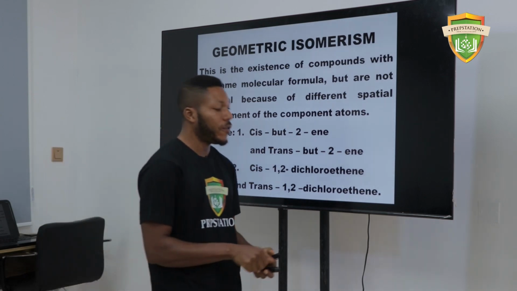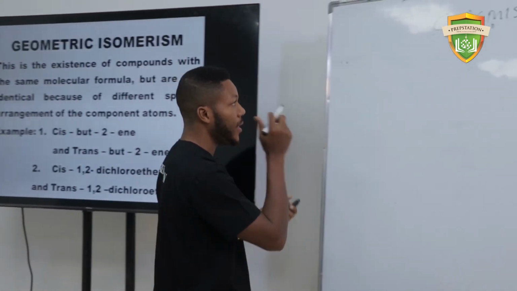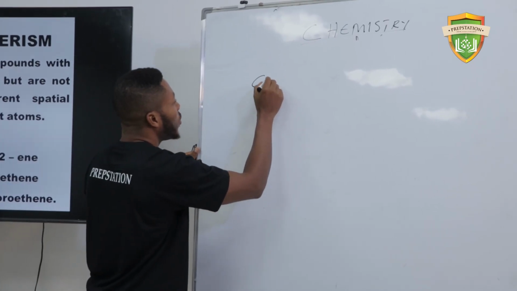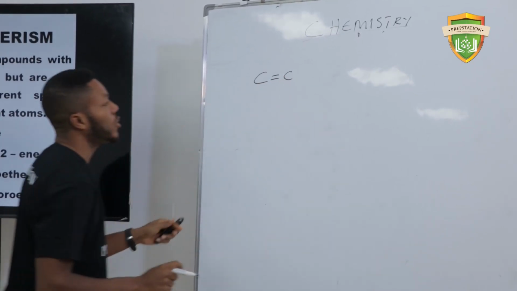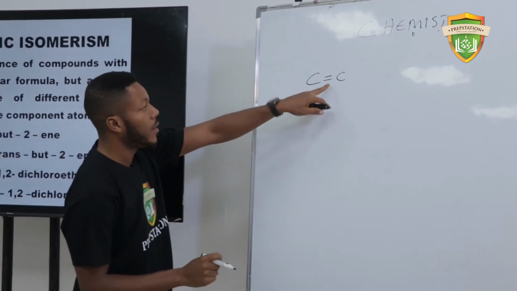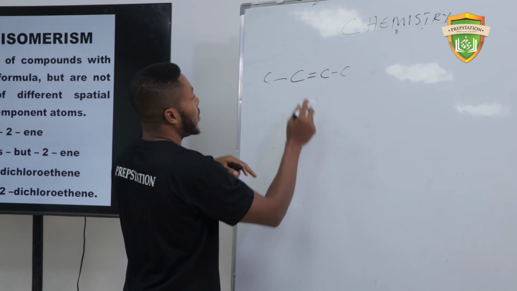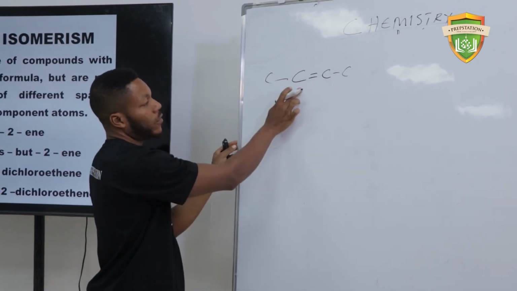Now, in the case of the first one called the cis, look at the normal organic compound of but-2-ene, given like this. This is the ene functional group.